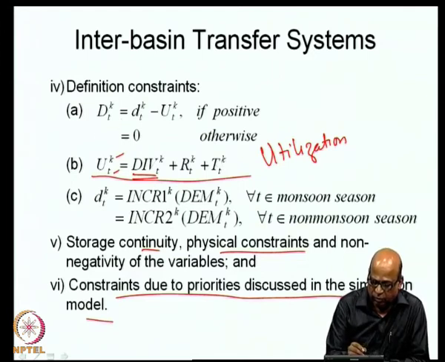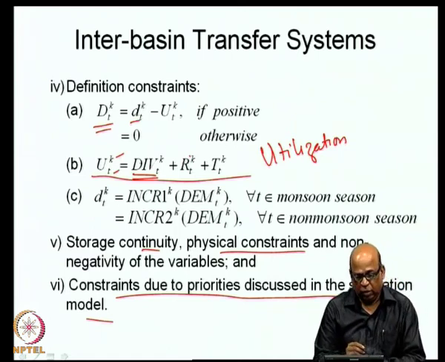Similarly, this defines the deficit DTK, that is demand minus the utilization. As I said, if there is a release and transfer, or if there is a release, then UTK will be consisting of, that is the demand will be completely met, because diversion K will be equal to the demand K, and therefore, it will be 0 otherwise.